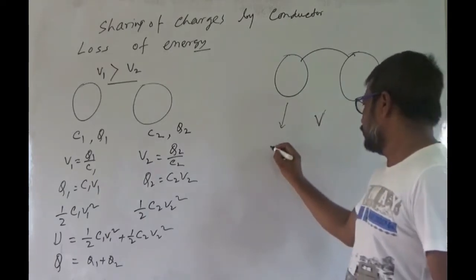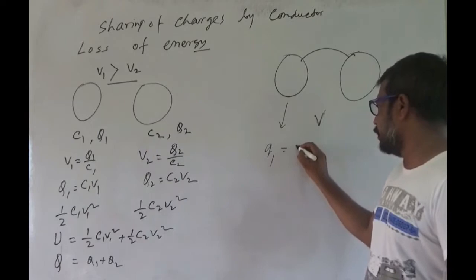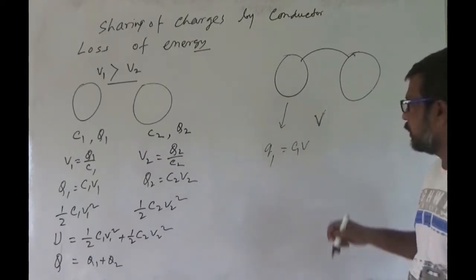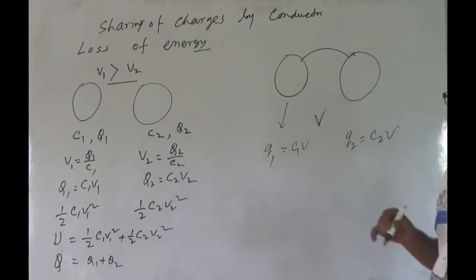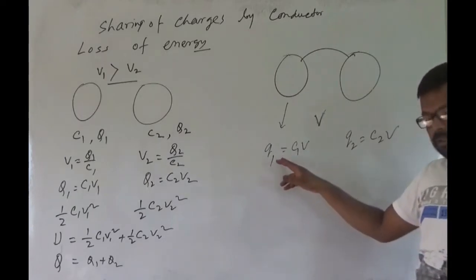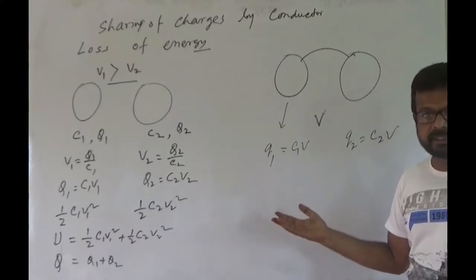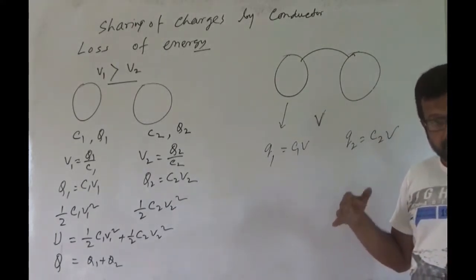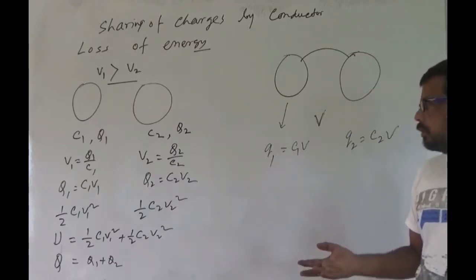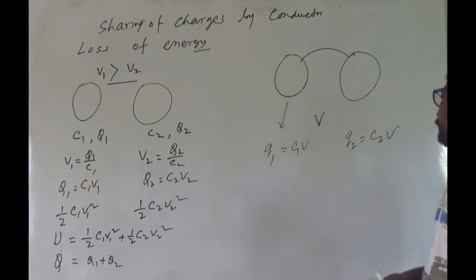Now the charge on this conductor is equal to C1 into V, and the charge on this conductor will be equal to C2 into V. C1 doesn't change, C2 doesn't change, because the conductor is the same, the environment is the same. So the capacitance of both conductors remains the same.